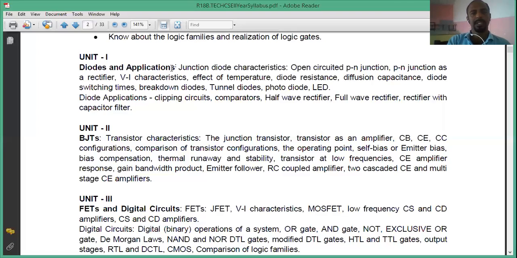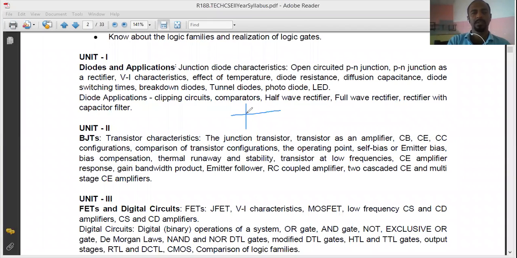You would have studied the characteristics. Again, you will be studying the VI characteristics of the diode, and there you will see that the diode is non-linear. Suppose I have to simply draw the characteristics of a diode, just for your understanding. So here is the x-axis and y-axis.